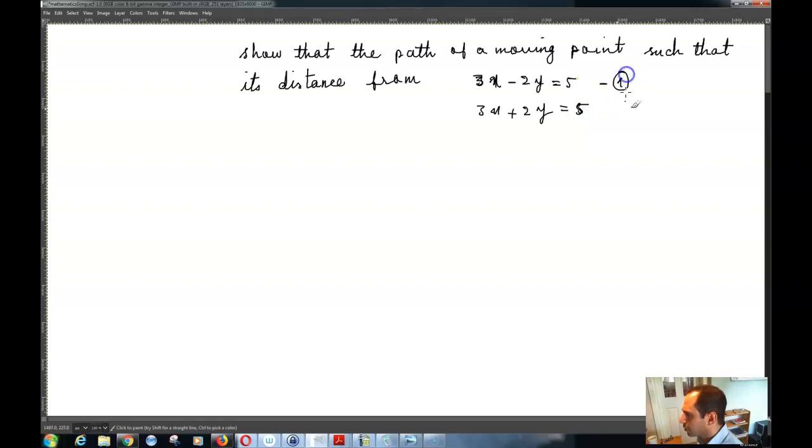Call this number 1 and call this number 2, such that its distance from these two lines are equal is a straight line.